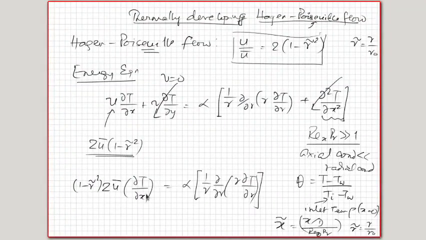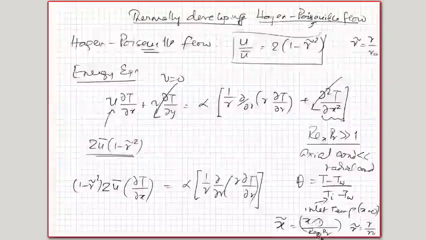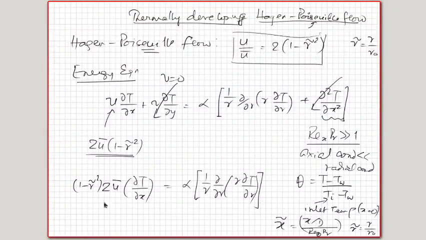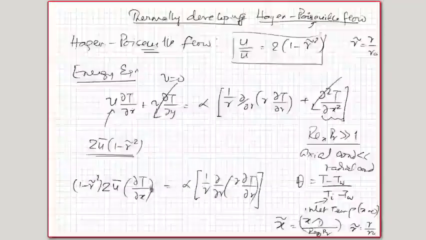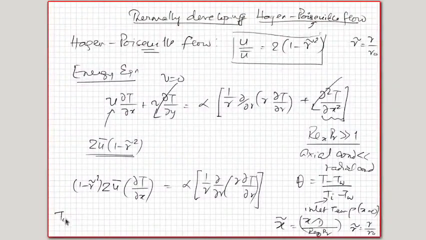Okay, so now if I write in terms of these, then Ti minus T wall will come out of both sides and get cancelled. So I'll get a Ti minus T wall, that is normalizing this to get theta, into 2u bar into 1 minus r tilde square, divided by this x.